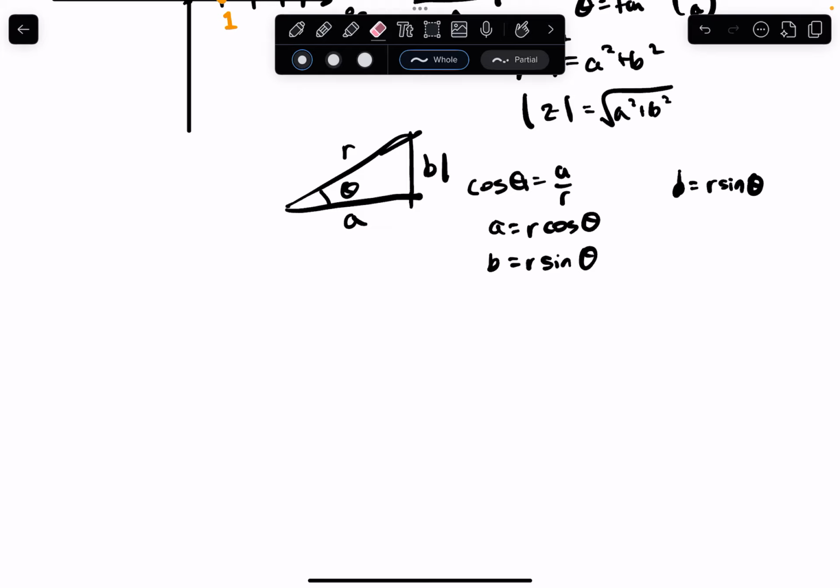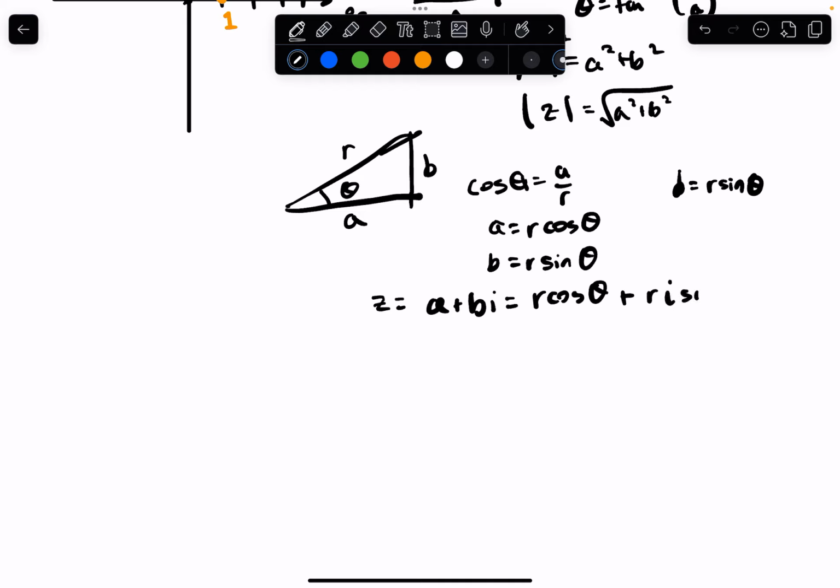So we'll call z equal to a plus bi, which is equal to r cosine theta plus r times i times sine theta, which is equal to r times cosine theta plus i sine theta.